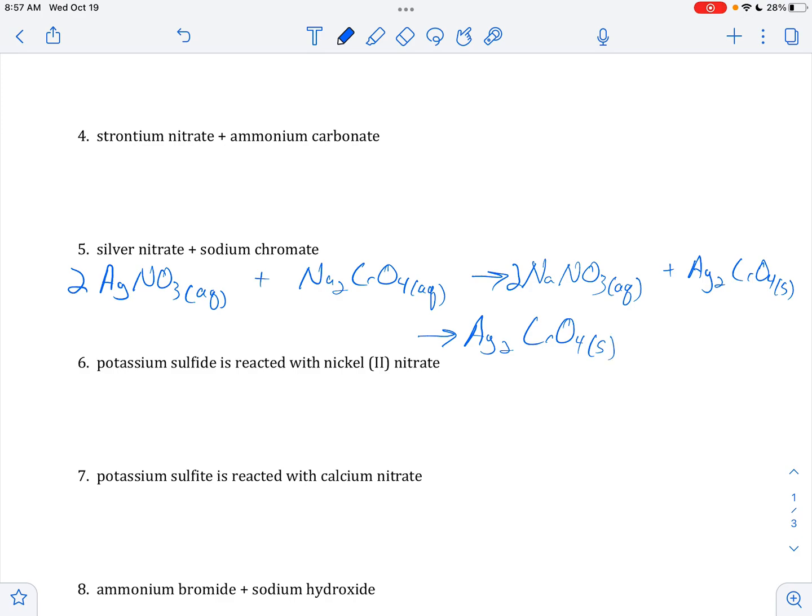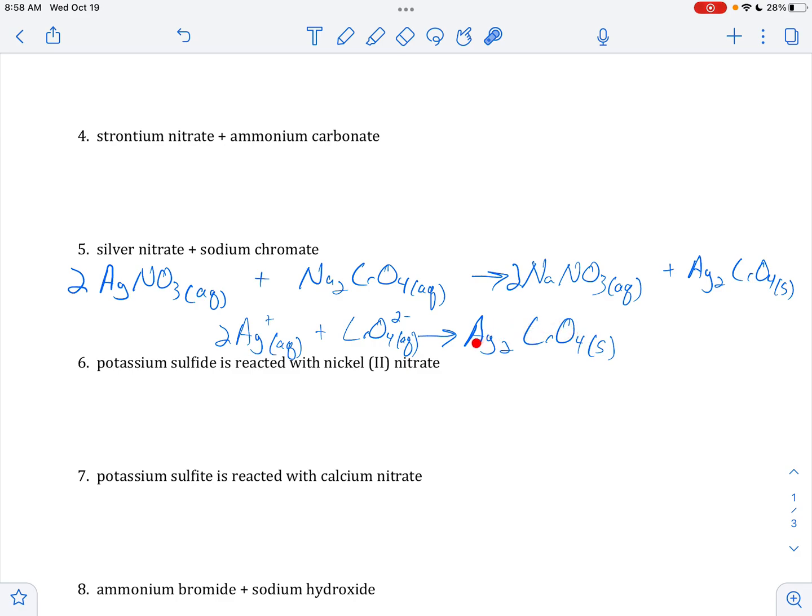And the ions that react together are 2 aqueous silver ions and 1 2-minus aqueous chromate ion. So I need the 2 in front of the silver because there's 2 silvers on my product side. The 2 minus is the charge on the chromate.